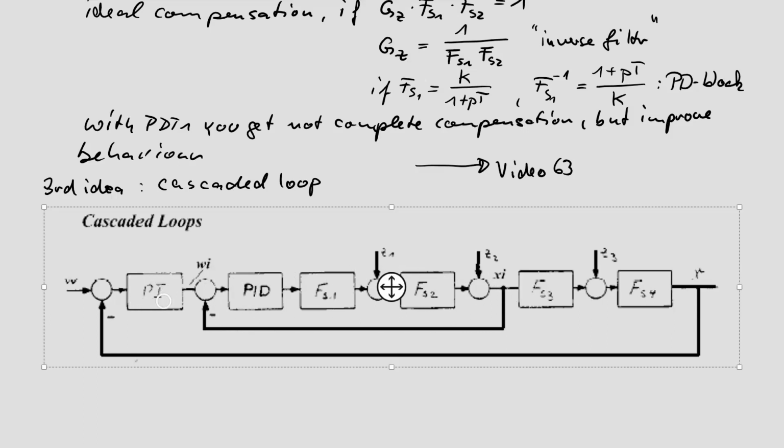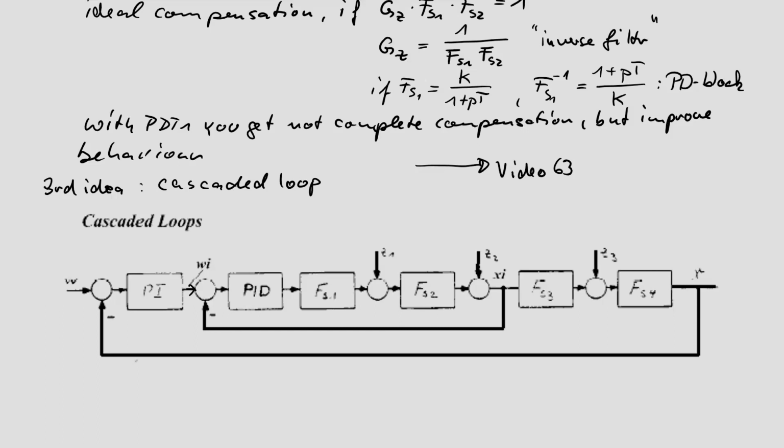And for this outside external controller, the process is the closed loop internal system plus FS3 plus FS4. So this controller does not directly see FS1, FS2, but the closed loop internal system.